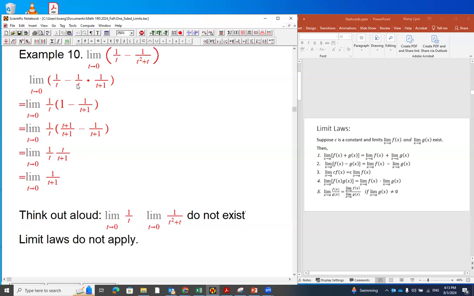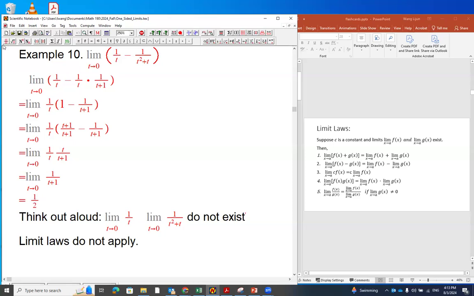Now we can apply limit law or direct substitution. I would just do direct substitution here, and we're getting 1/2. You can see, looking back, this question is seemingly pretty awkward, but after we patiently work with it, we end up with the answer pretty quickly.